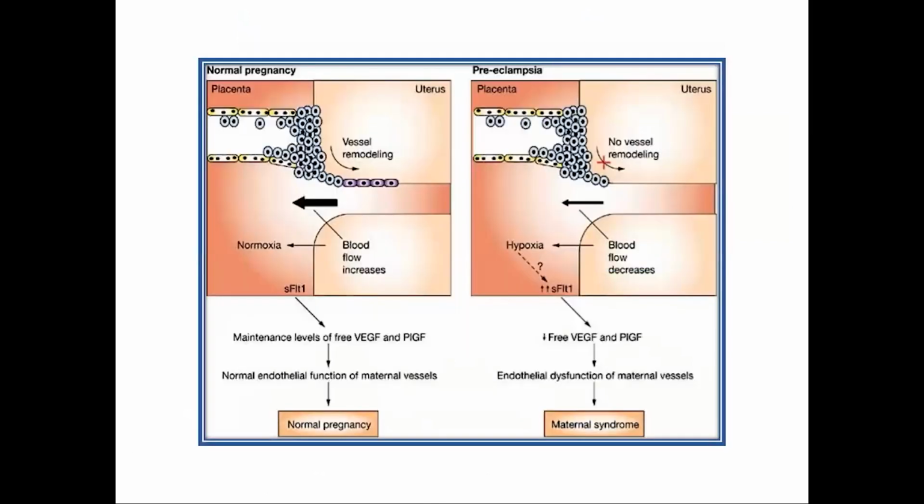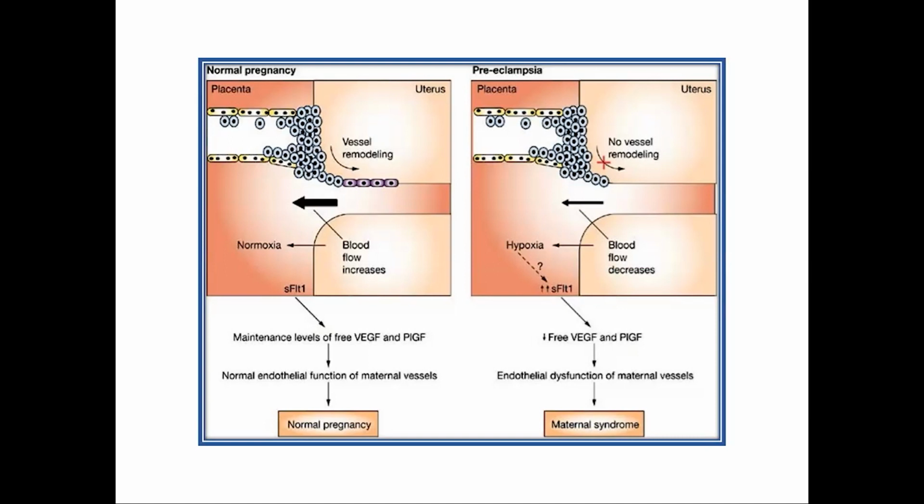Here is also another slide which shows the malformation of the placental perfusion in the case of preeclampsia. On the left, this is in normal pregnancy. The fetal cytotrophoblast will invade the spiral arteries and will increase the diameter of these arteries and increase the blood flow to the fetus.